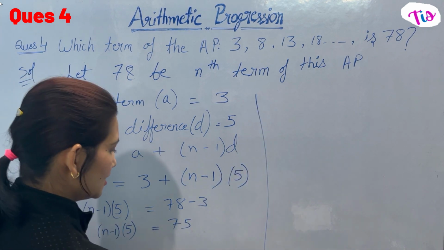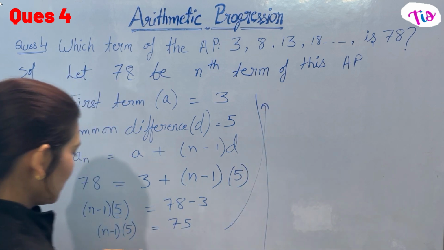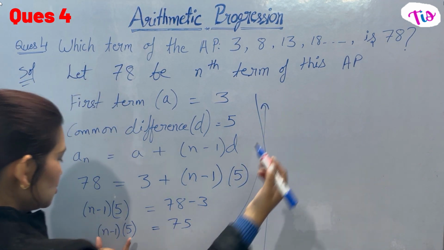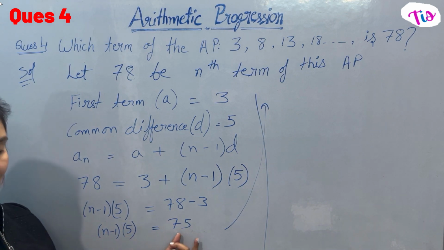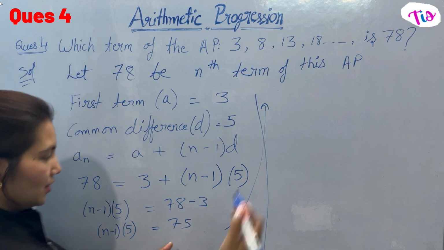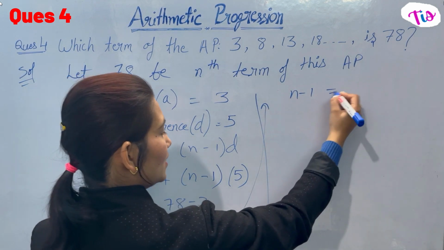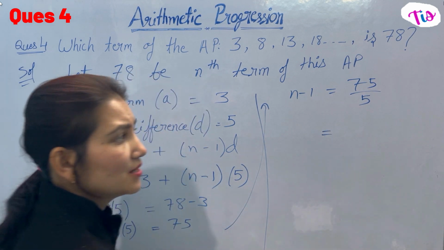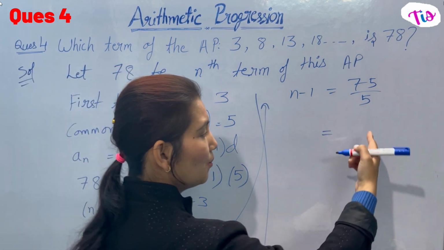I am solving it here now, because I don't know whether it's visible or not. So 5 will go to the denominator in division, and n minus 1 is equal to 75 upon 5.